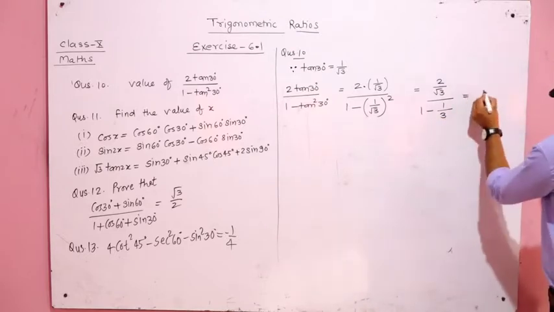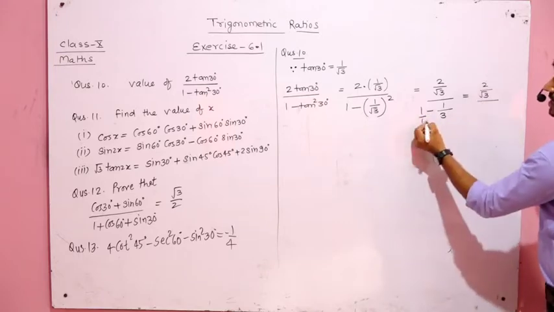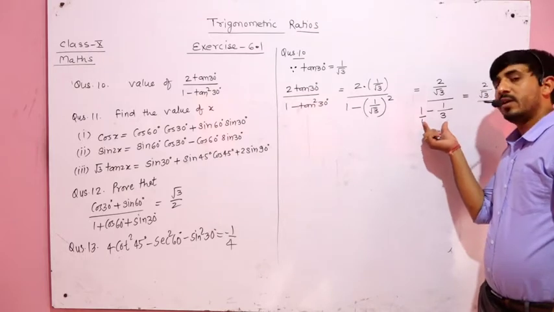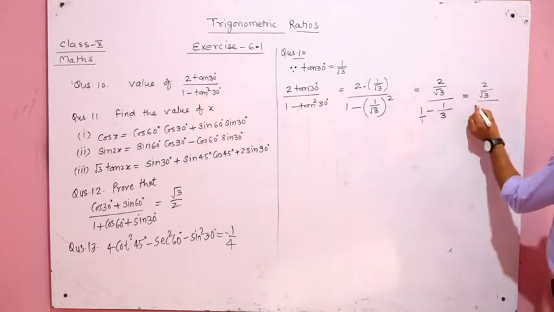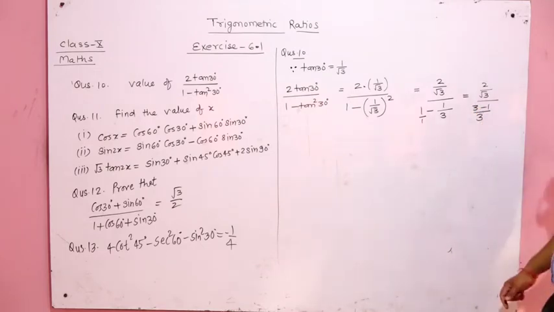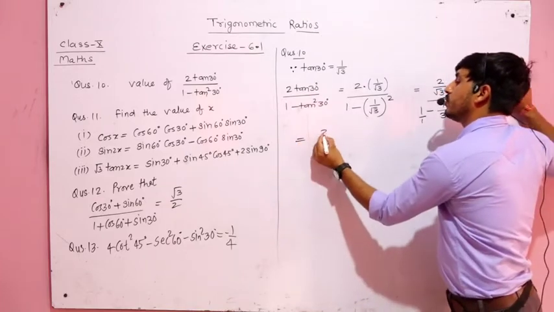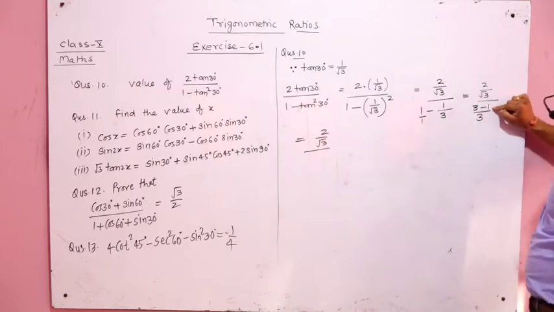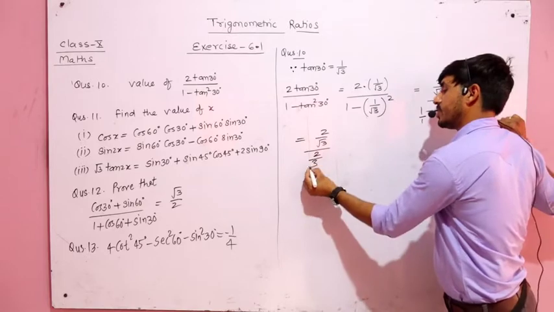Then we can write 2 upon root 3, divided by, taking the LCM in the denominator, LCM is 3, and 3 is multiplied to this one. It means 3 minus 1, divided by 3. In the next step, we get 2 upon root 3, divided by 3 minus 1, that is 2, over 3.